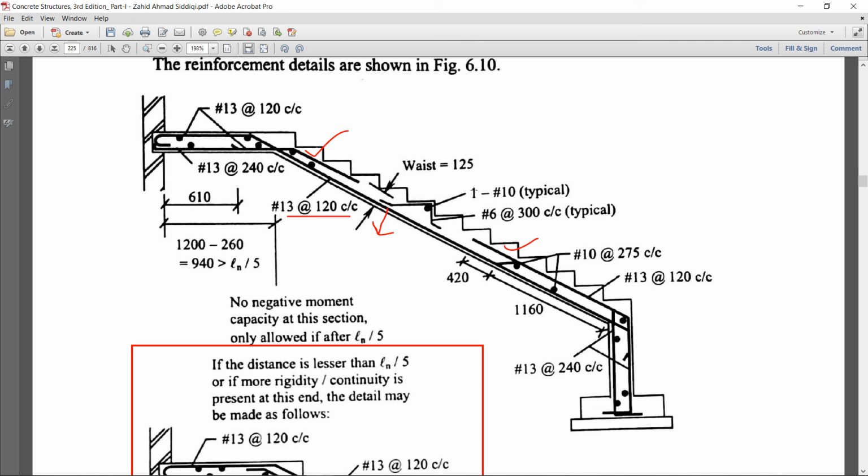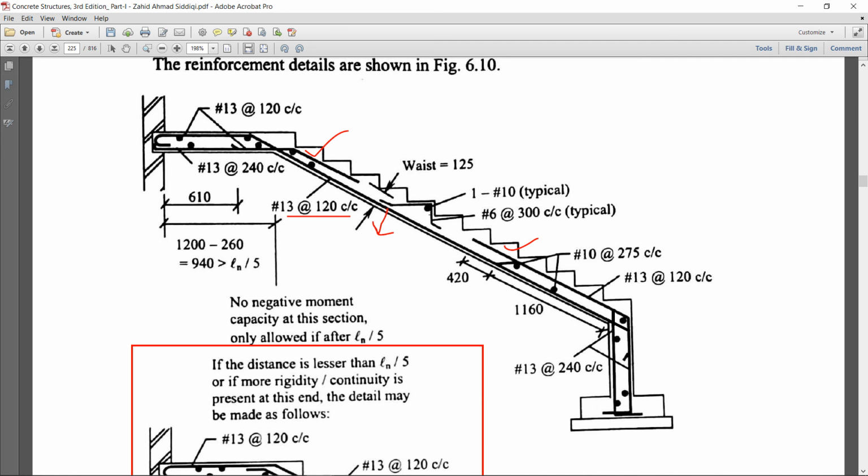And now this is the waist of our slab, that is 125 millimeter, and you will also provide one number 10 bar under each step, like this, one bar along the width. Under each step you will provide this bar, which is also number 6 at 300 millimeter center to center.